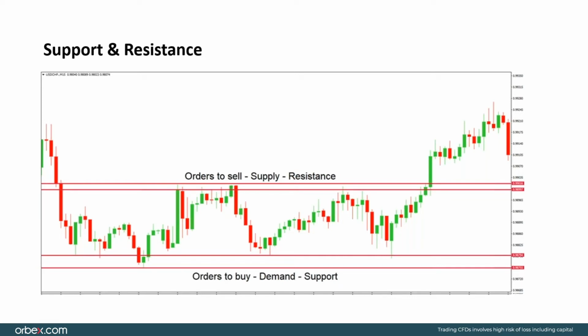This simply refers to a situation whereby we sell as price trades up into resistance, anticipating that price is going to trade lower, and we buy as price trades down into support, anticipating that price is going to trade higher.